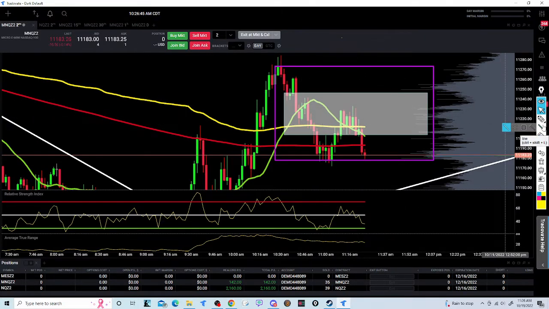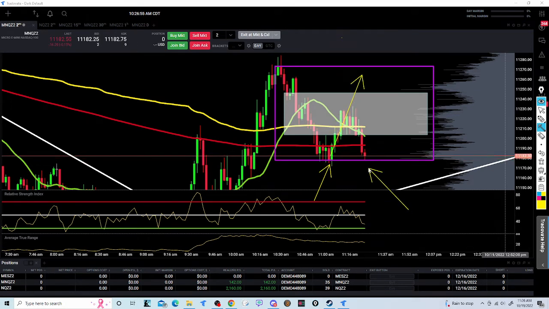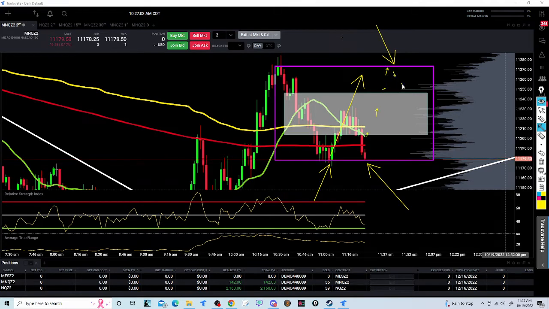How you want to trade your zones: you would want to trade to the upside from the bottom of that zone. Right here it's forming. And to the downside if price action came up here.